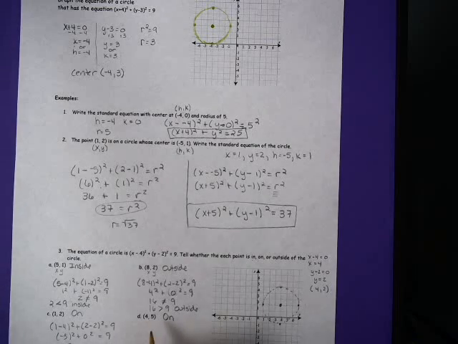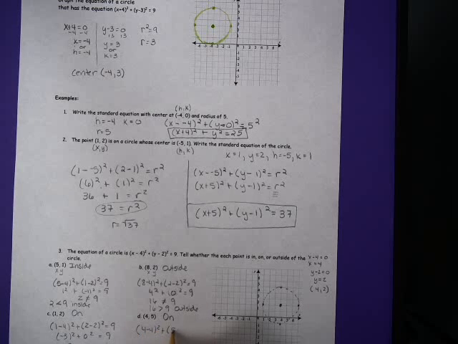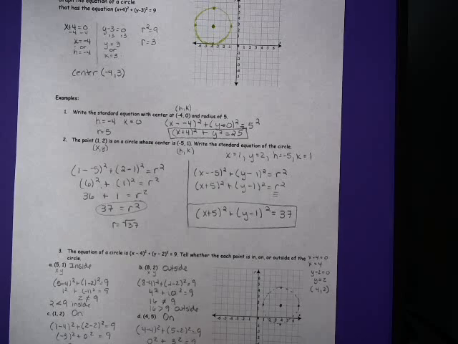Okay, next we have 4 minus 4 squared plus 5 minus 2 squared equals 9. That's going to be 0 squared plus 3 squared equals 9. So that's going to be 0 plus 9 equals 9, or 9 equals 9. So that's why it's on the circle.